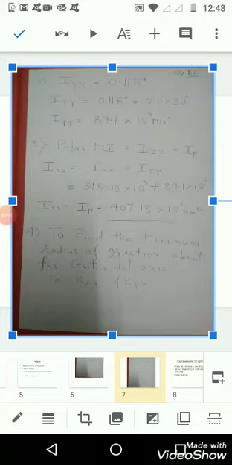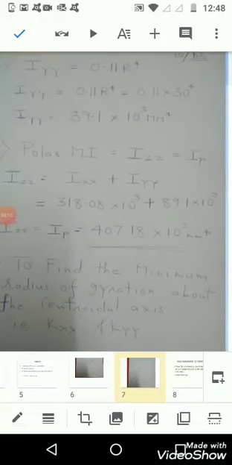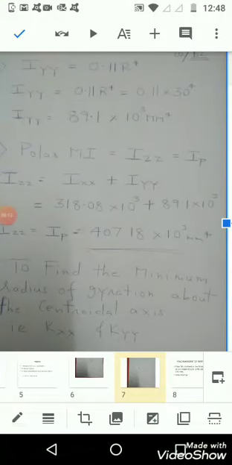Iyy is equal to 0.11 r raised to 4. Iyy is equal to 0.1 into 30 raised to 4. Iyy is equal to 89.1 into 10 raised to 3 mm raised to 4. Now polar moment of inertia is equal to Izz is equal to Ip. Izz is equal to Ixx plus Iyy.